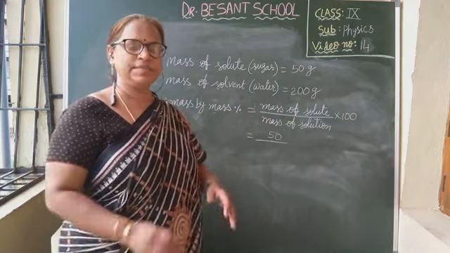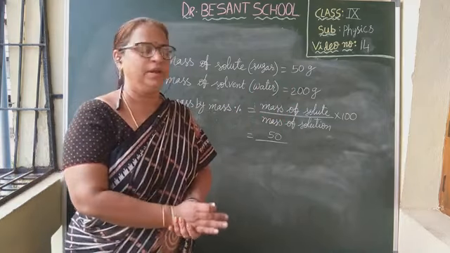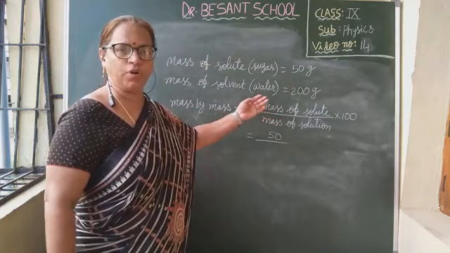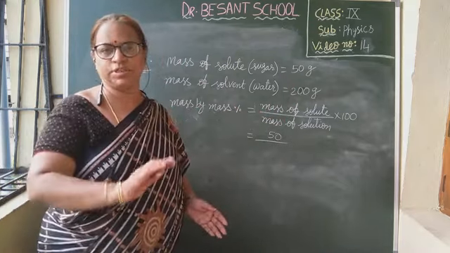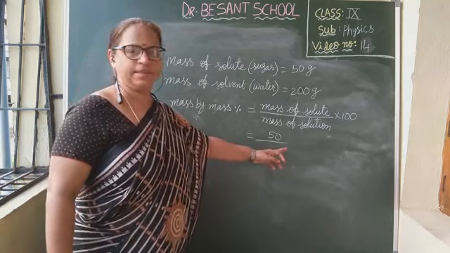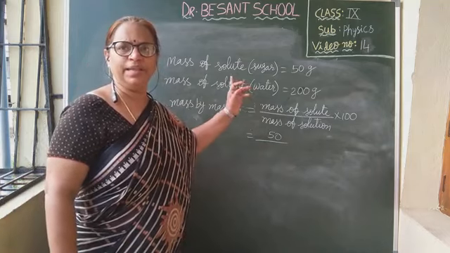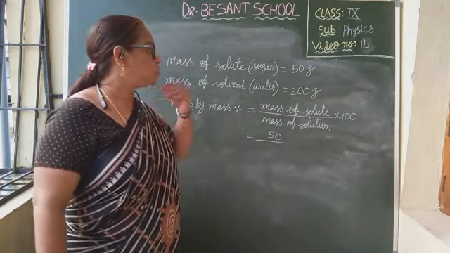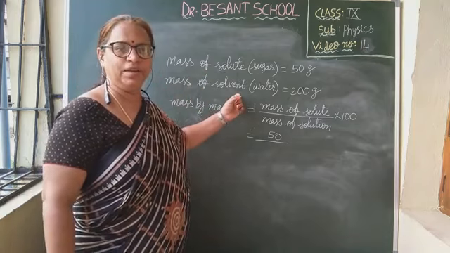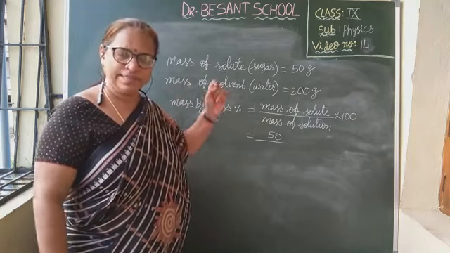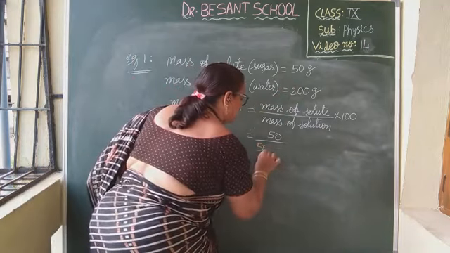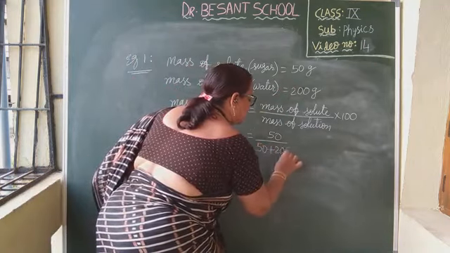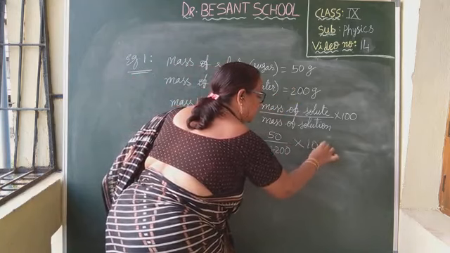Yes or no? See children, here you should be very careful. Here he told the mass of water. Sometimes he will give mass of solution directly in the question itself. Then you will write here that mass of solution is given. But here he has given mass of solute and solvent. Solution is not given. In such a case, what should you do? You should add both the masses. 50 by 50 plus 200 into 100.